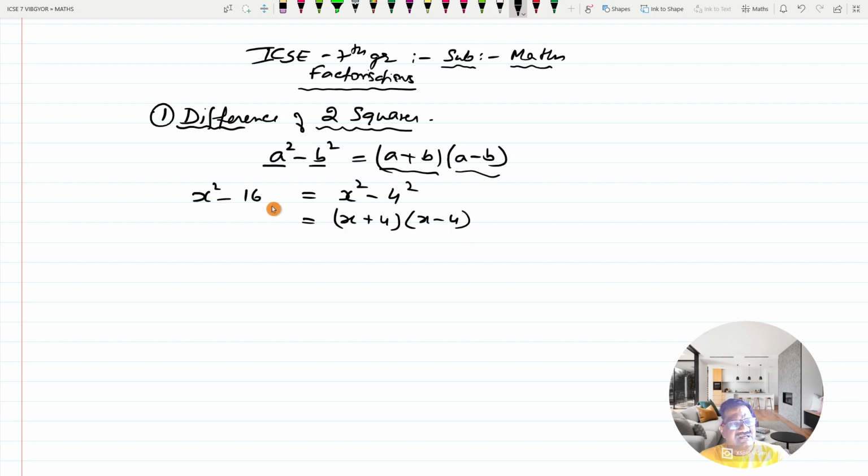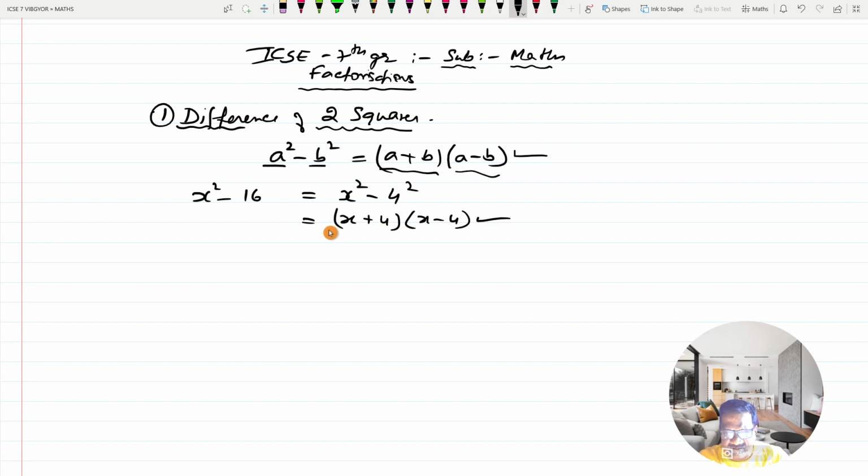This expression, which was in a sum or difference form, has been converted into a product form. So it is that simple. All you have to do is try to bring the expression into the form of a square minus b square, apply this identity and just write down the factors. So that was regarding this method.